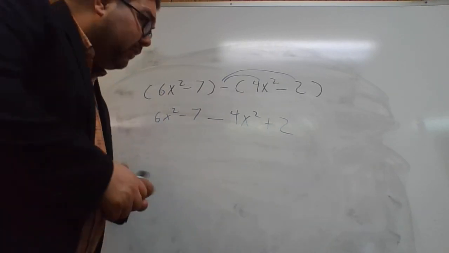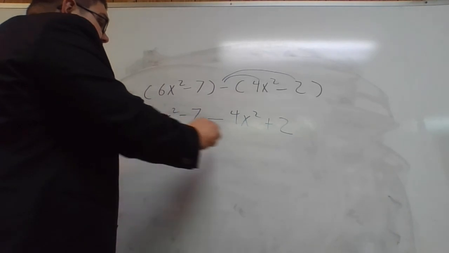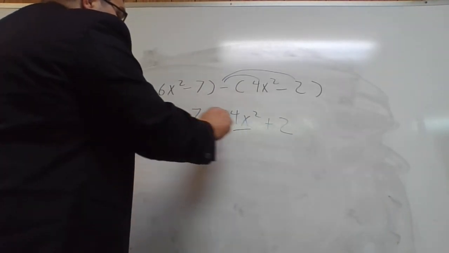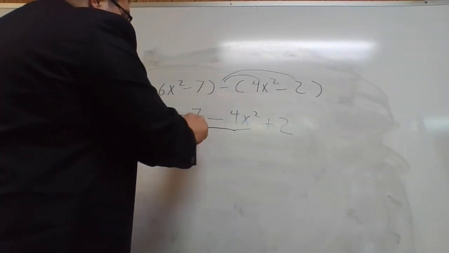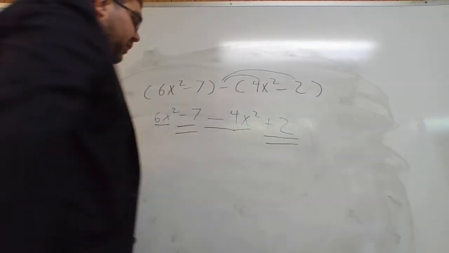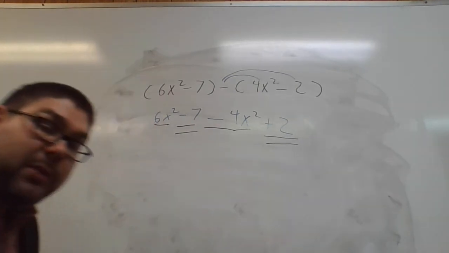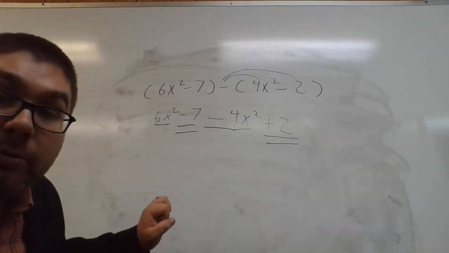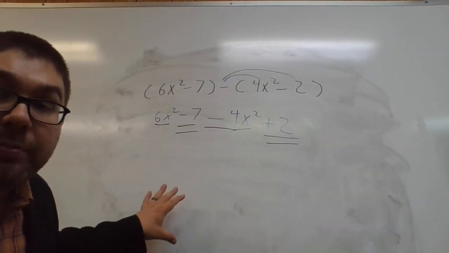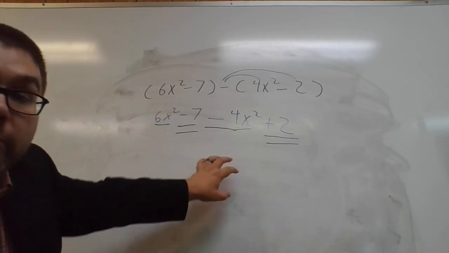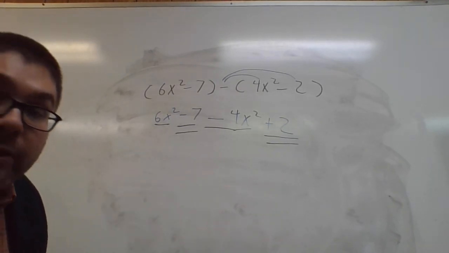Now it's easy. Now all we're going to do is cover all of it, include the minus sign. Now we're going to combine like terms. Now I'm not going to write it out again because you know how to do that. I just did it in the previous example. I'm just going to add.